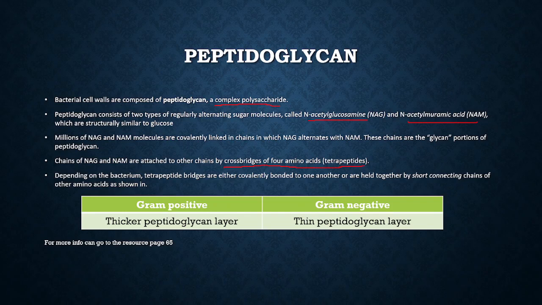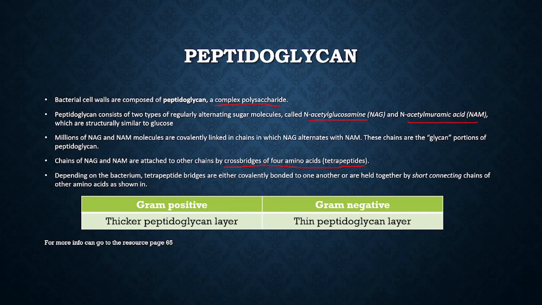They cross link with each other, and then they form the peptidoglycan layer. Depending on the type of bacteria, the tetrapeptide bridges are covalently bonded to one another, and then they are held together by a short connecting chain of other amino acids.